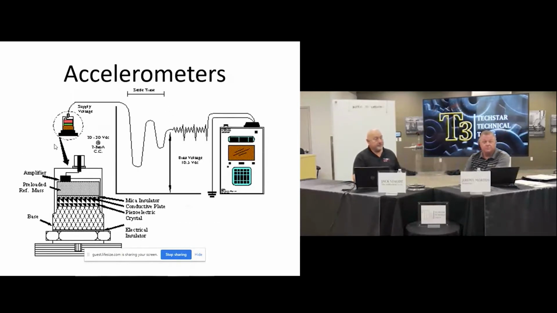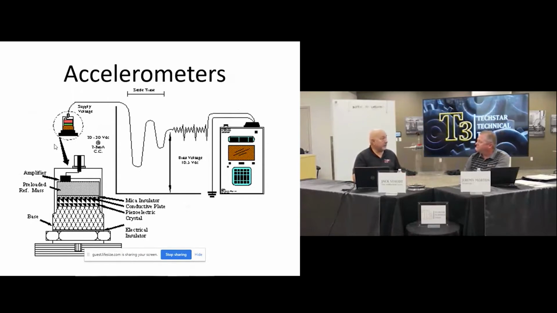So then we come to accelerometers. Basically what everybody uses for their walk around. If you've got some type of vibration program, more than likely you have a general purpose accelerometer. And accelerometers come in several different models. You have high frequency, low frequency, and general purpose.